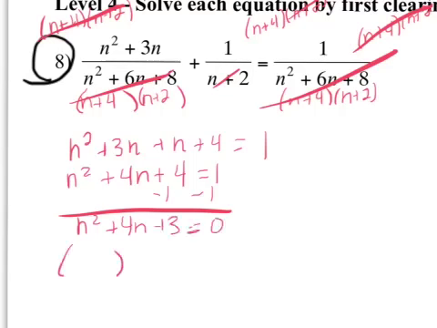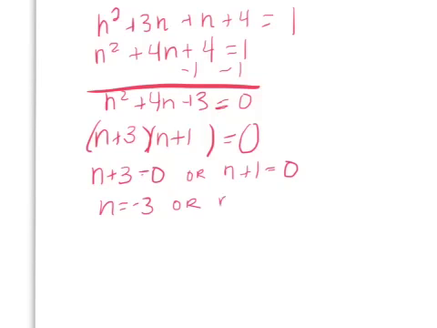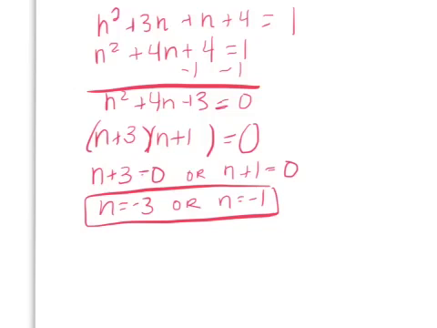Two numbers that multiply to give us 3 but add to give us 4 would be 3 and 1. So I'm going to set each term equal to 0 to get my solutions. N plus 3 could equal 0, or n plus 1 could equal 0. So n could equal negative 3, or n could equal negative 1. Those are our 2 solutions.